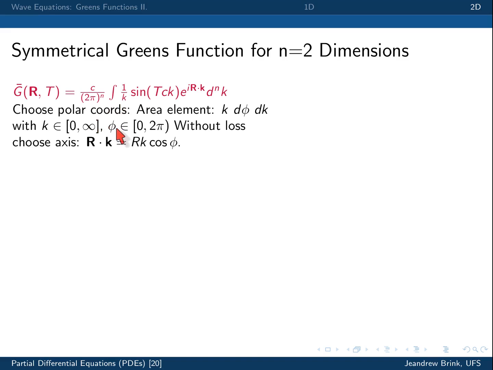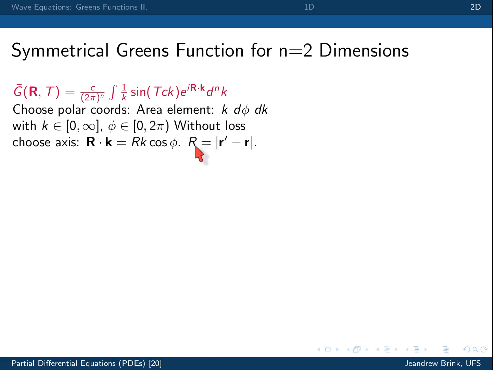And φ is an element of 0 to 2π, and without loss of generality we're simply going to choose our axis of k, or the kx direction, so that r dot k is equal to rk cos φ, which then defines the φ coordinate. So there is some arbitrariness in how we orient the original choice of the k axis, and we simply choose it so that this condition is true.